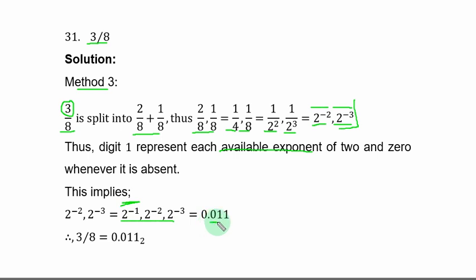You use 1 to represent it. 2 to the power of minus 3 is there. You use 1 to represent it. Therefore, 3 over 8 is equal to 0.011 in base 2. So this is the third method that you can use.